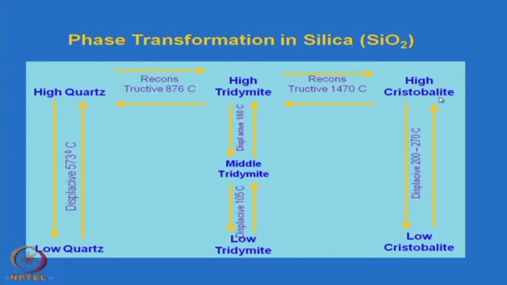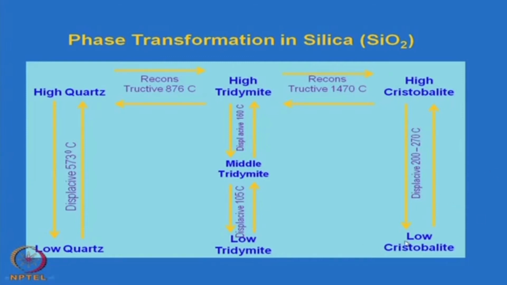Silica is a very unique system that way, where many displacive transformations take place as well as some reconstructive transformations. Two reconstructive transformations take place which are time dependent, but the other transformations are time independent, and as I mentioned a few minutes back, they are not always equilibrium transformations; some non-equilibrium transformations also take place.